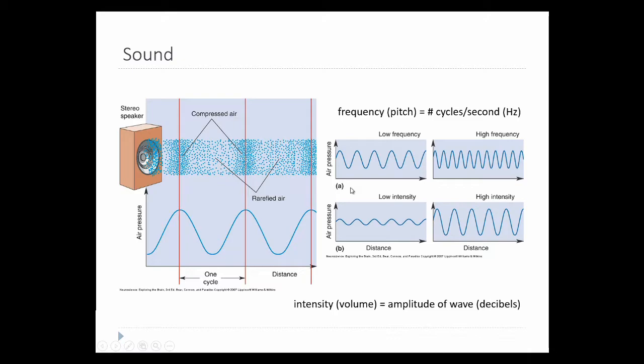Another thing that's different from light: light slows down as it goes through a denser medium, as it goes through water and glass versus air, but sound actually travels faster through a more dense medium. So sound travels relatively slowly through air and more quickly through water and through solids.